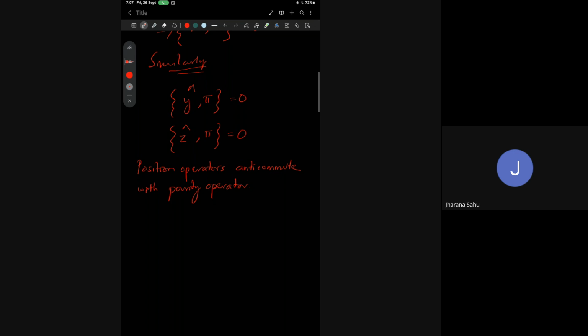Now we try to see the action of the parity operator on position eigenkets like x, y, and z.